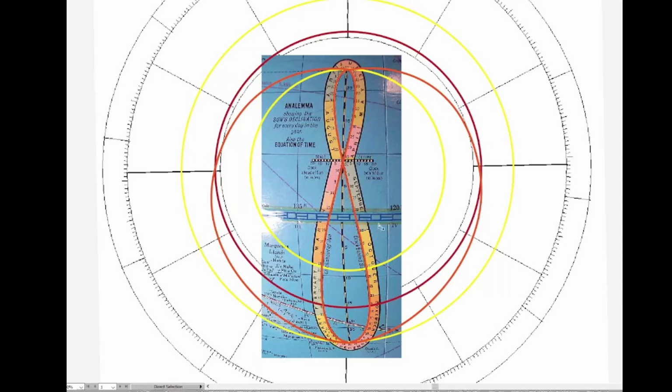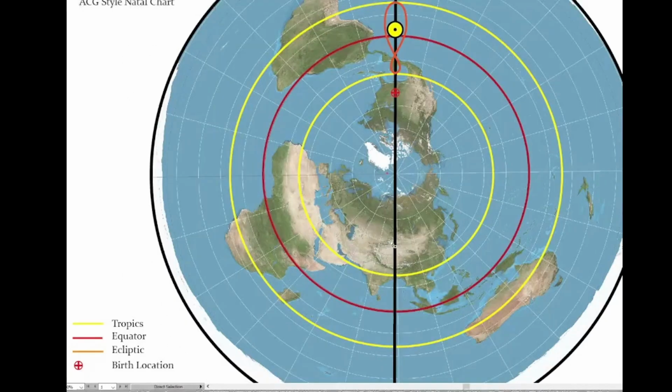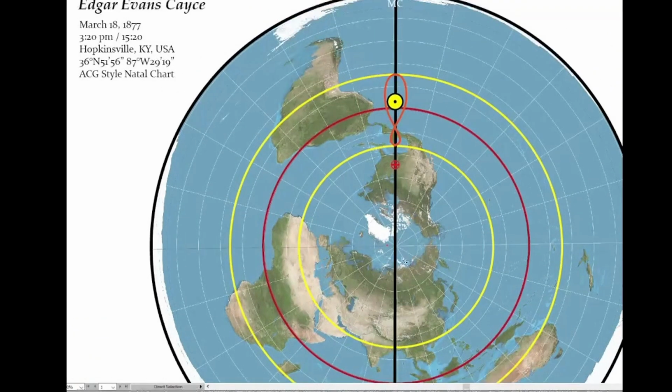So going back to my map here, I took all the planet glyphs off just so that it's really simple to look at this. So we're looking at Edgar Cayce's chart. He was born around here. This is south direction from where he is. So if he took a photo of the Analemma, the sun would look kind of like this.